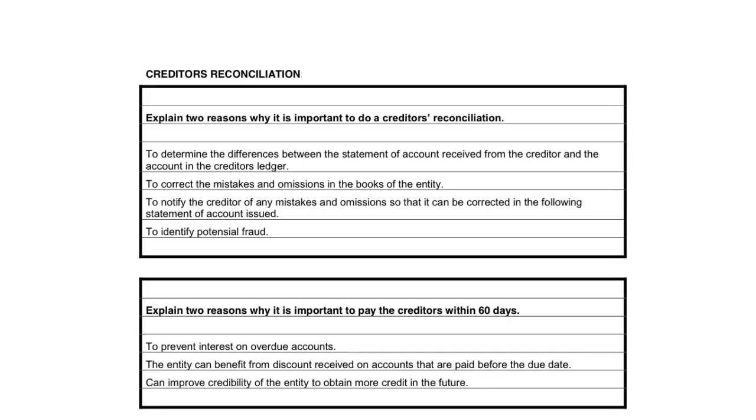If you don't do this, you can pay much more to the creditor than you're supposed to, because you don't see where the mistakes or omissions were made.